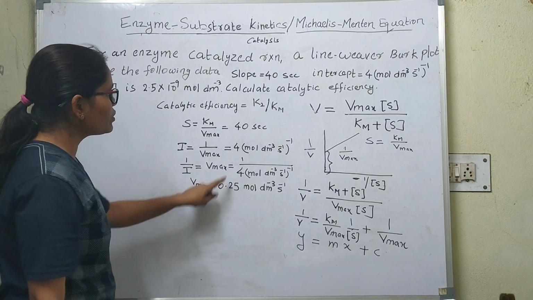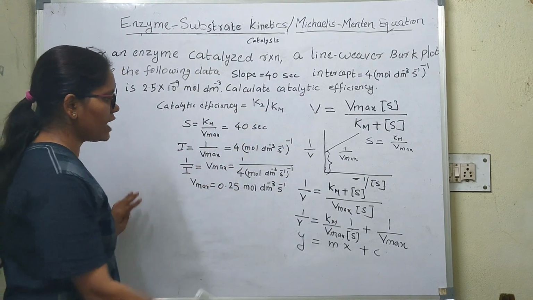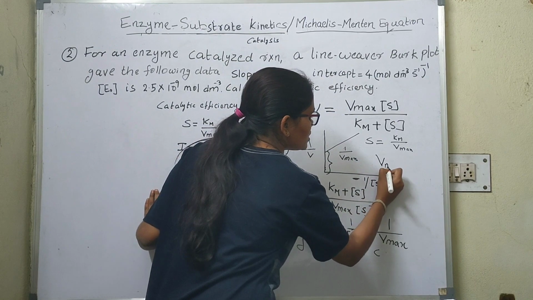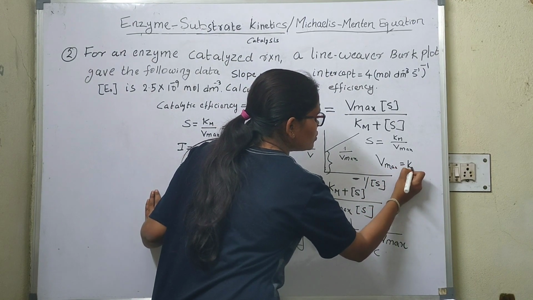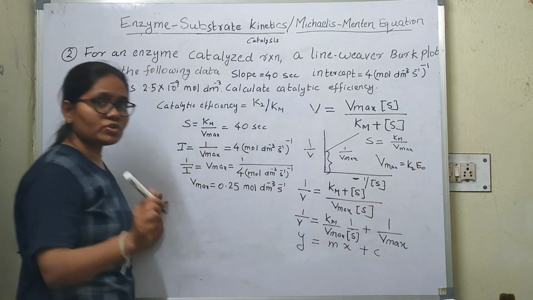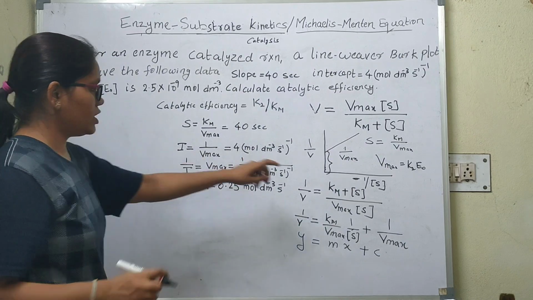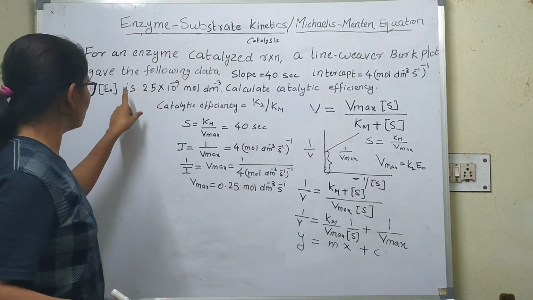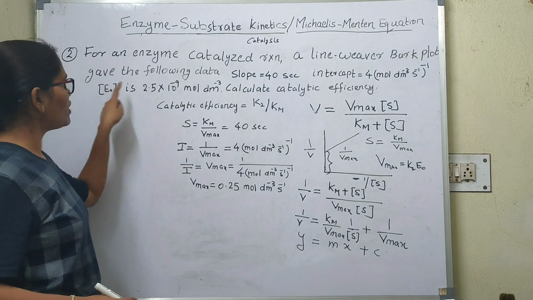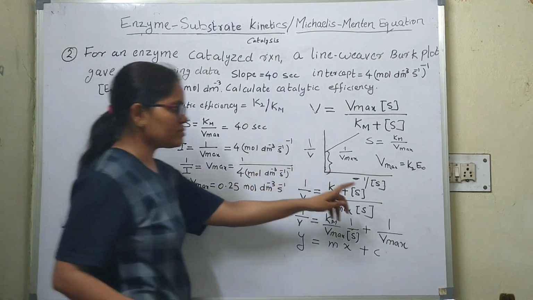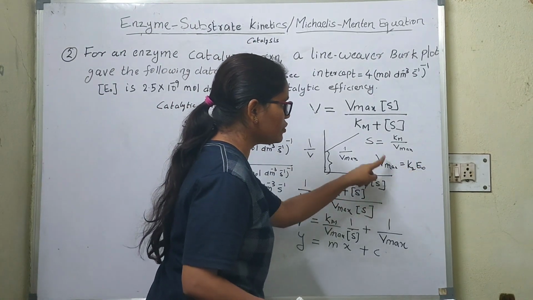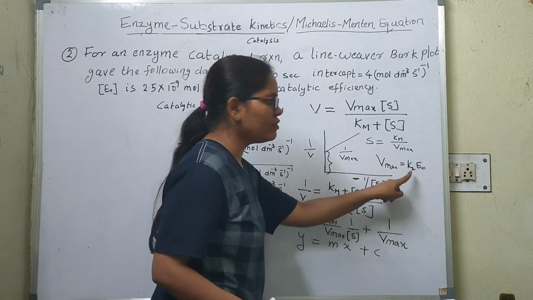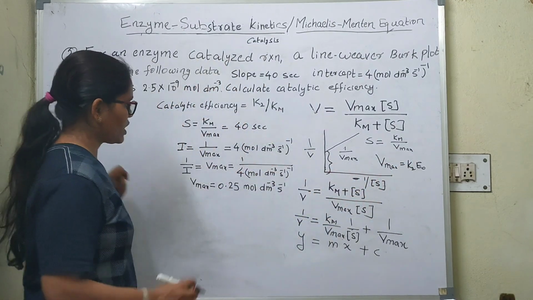From here directly you can get K2, because we know that Vmax is K2 into E0. So do you have the initial concentration of enzyme in this question? Yes. E0 value is already given. So if you do Vmax by E0, you will get the value of K2.